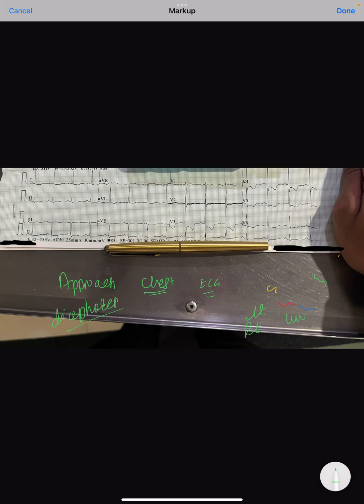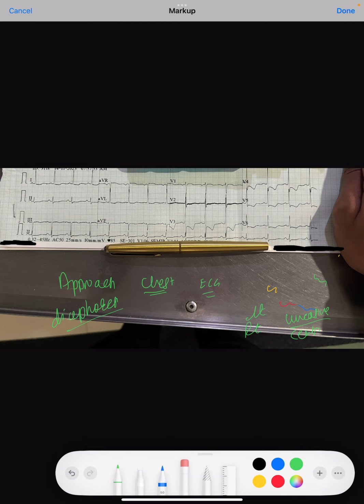So it can also present with uneasiness or central heaviness or tightness in the chest. So if the patient is presenting with the chest pain, the first thing to do is an ECG.